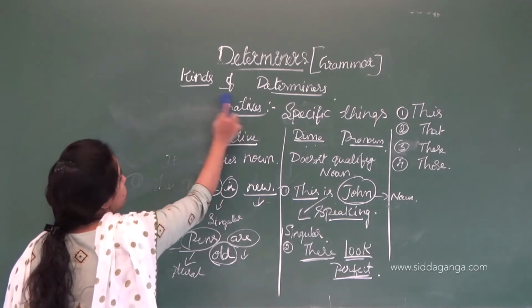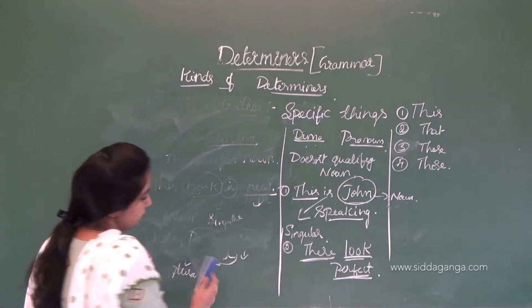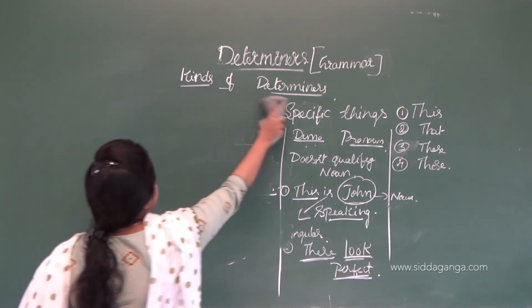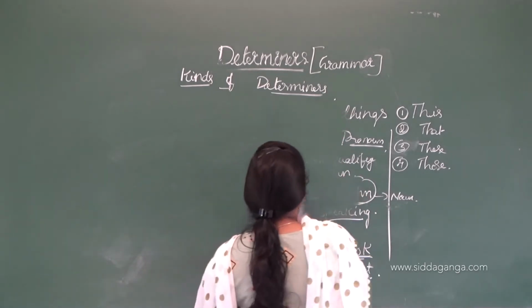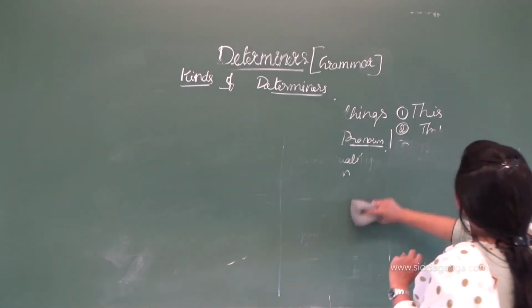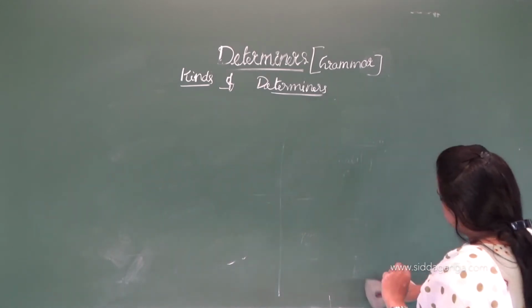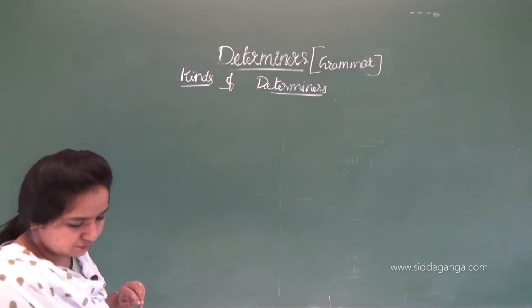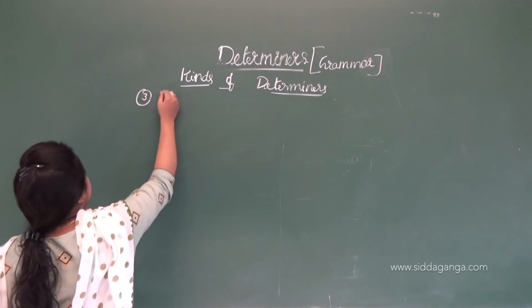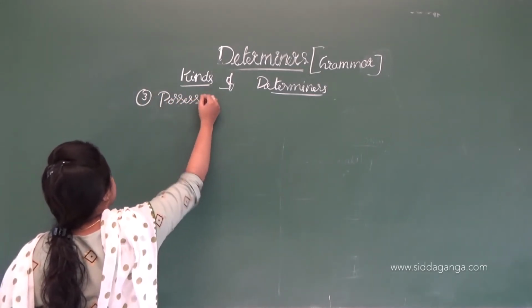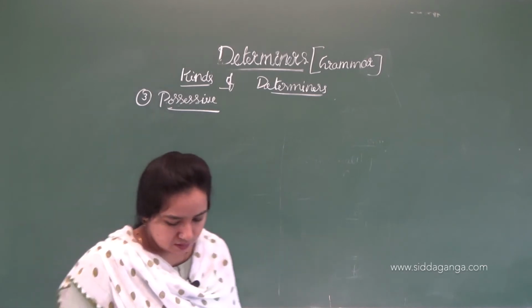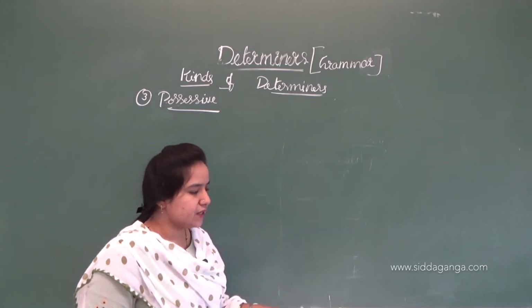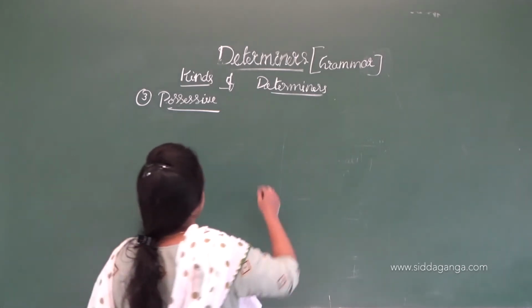The third kind of determiners is possessive. Here we can describe it as possessive adjectives and possessive pronouns.